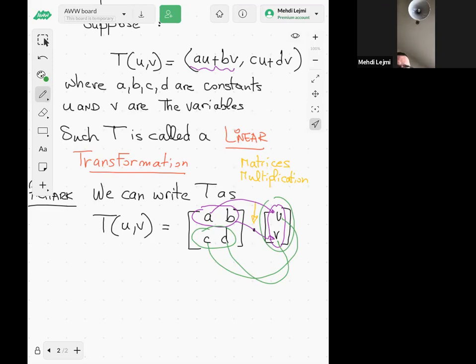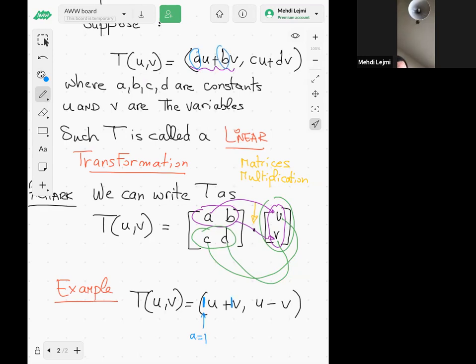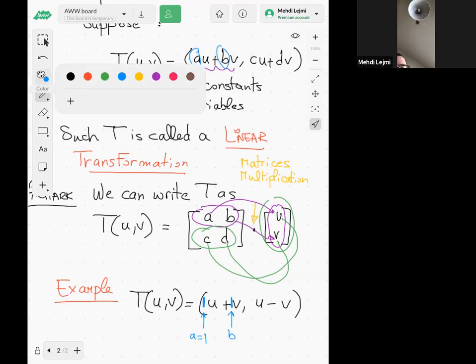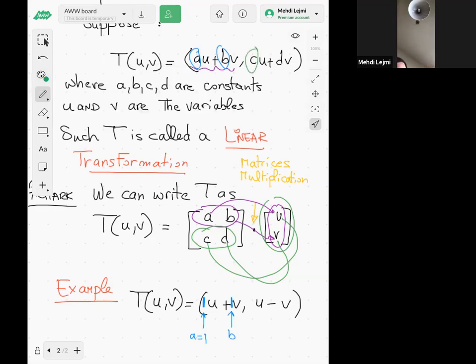I think we discussed this example last time. T of UV is equal to U plus V, U minus V, right? So in this case, A would be 1, B would be 1, and C would be 1 again.